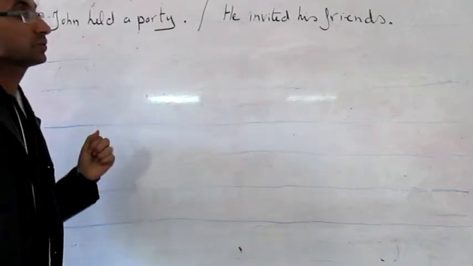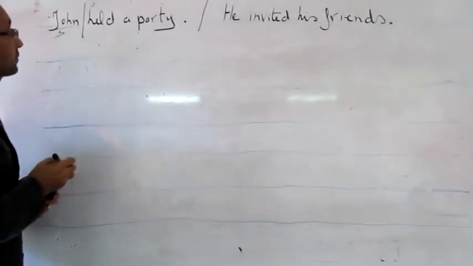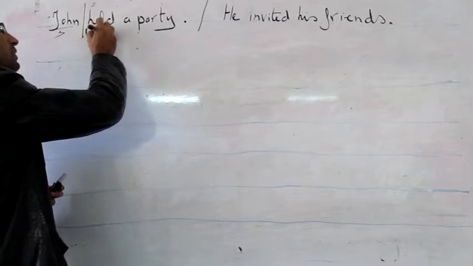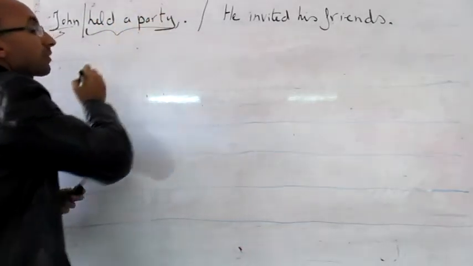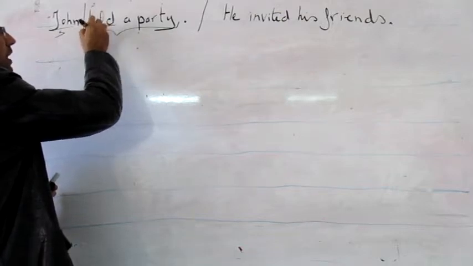Now, what type are these? Two sentences. The first one contains John as my simple subject. Now the second one, held a party, contains also one predicate with one verb. Held is my verb.